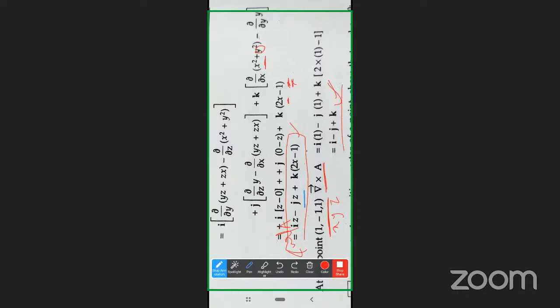Another model is the curl problems. Curl and divergent problems are very important. This is one type of curl and divergent problems.